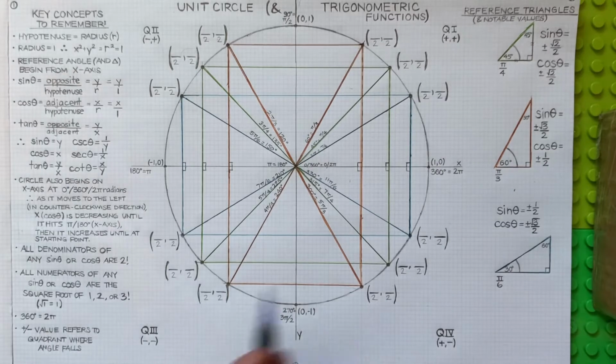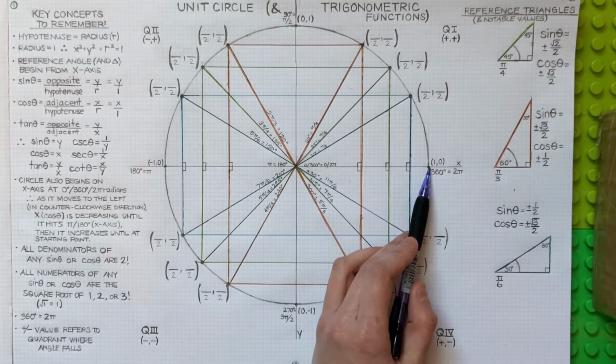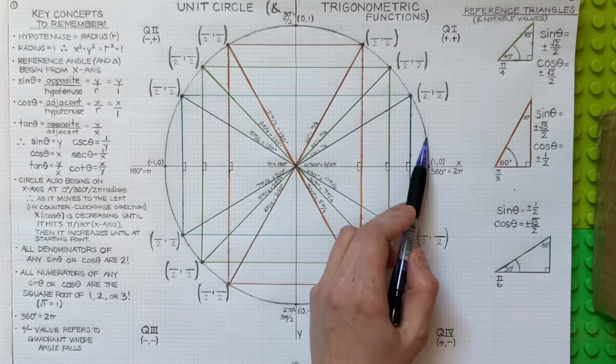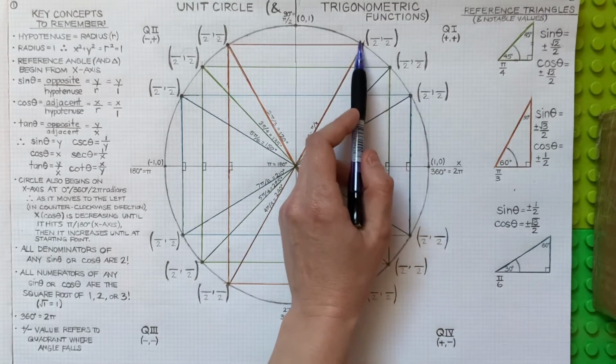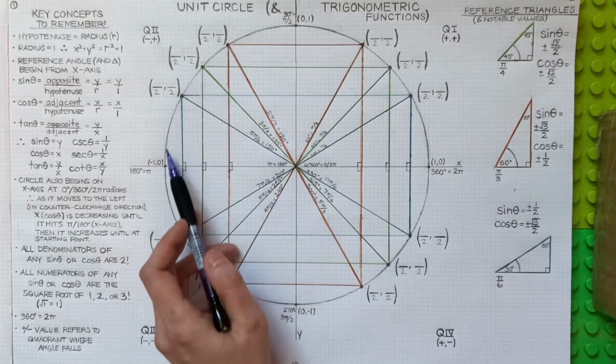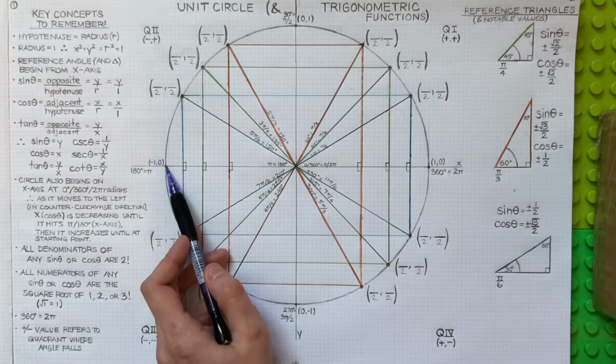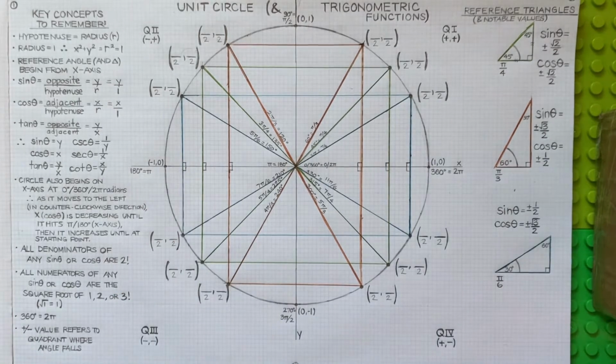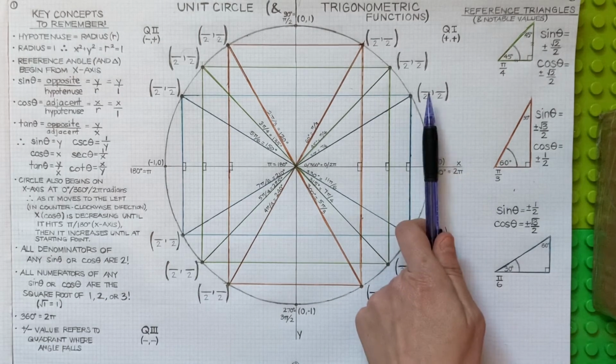Now, if you start here and you move along the circle, you can see that the x starts at 1 and it's going to be decreasing as we move along the circle. Okay, so all the way up until the 180 degree or pi value, which is -1, 0. So we're going to take the biggest number of the 1, 2, 3, and we're going to start on the right.